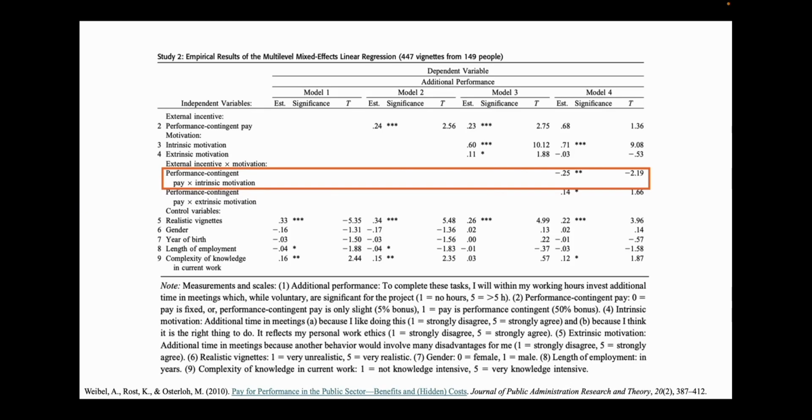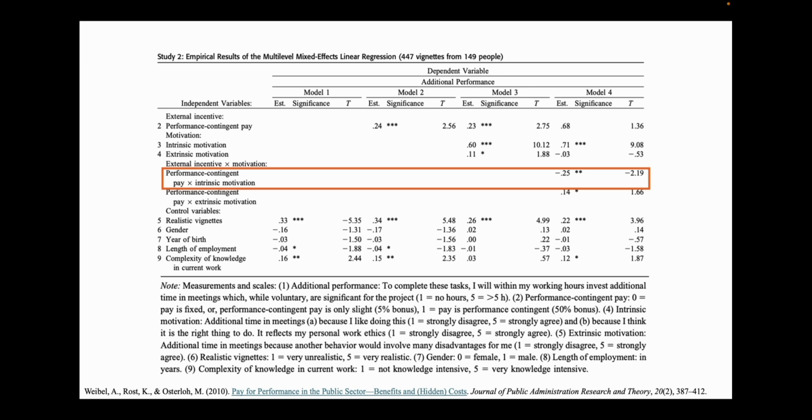Again, we possibly need to look at the pay for performance idea and the cross intrinsic motivations, because that's the most important part we are looking for here, right? So if people with intrinsic motivations, say those with a higher level of intrinsic motivation, join the public sector, then you say, okay, I'm going to pay for your performance. Then, as the results showed here, it's actually a negative effect.